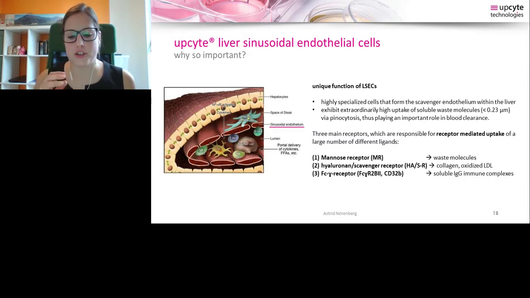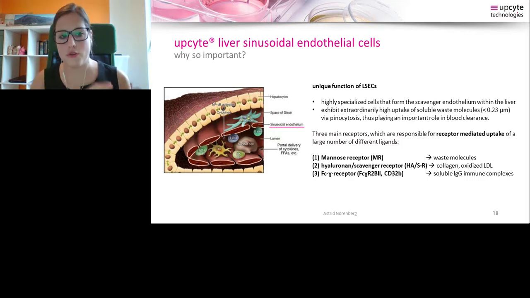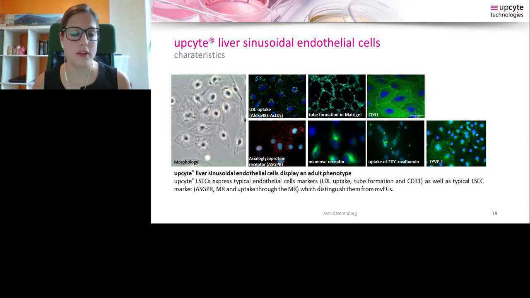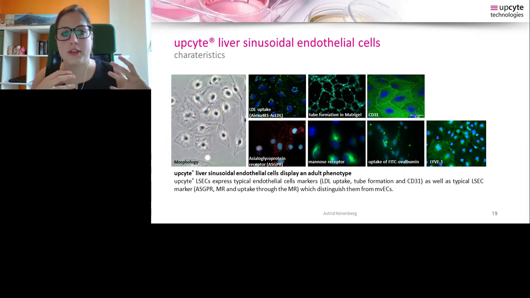As I said, we started with a few 100,000 cells of those, and we can generate up to several thousand vials of the same donor as well. And what we did is we characterized them for typical endothelial cell markers as well as typical liver-specific markers. So here you can see the morphology. The cells are actually quite pretty.